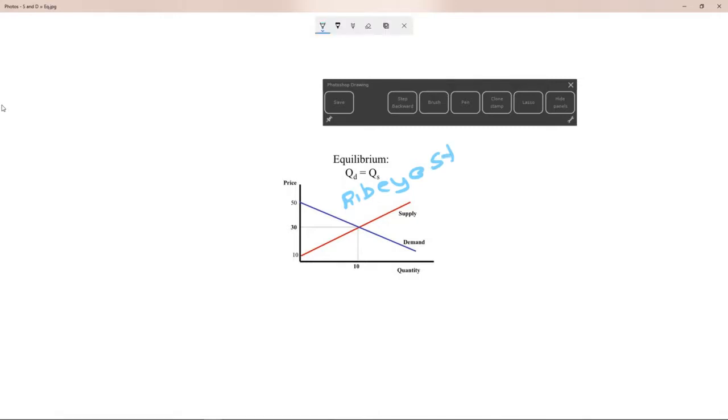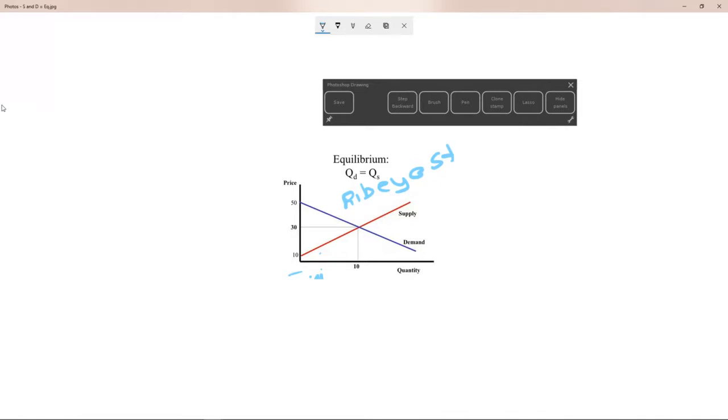Okay, well, let's say there's a decrease. So I don't want to do this. If there's a decrease in income, the ribeye steaks would be what most people consider as a normal good.